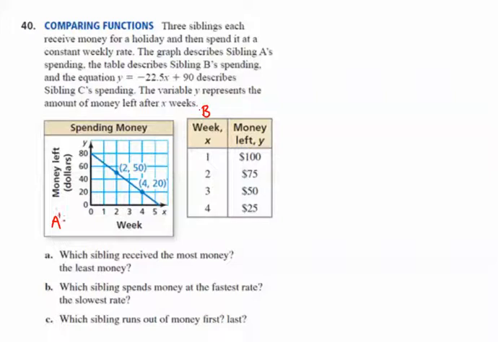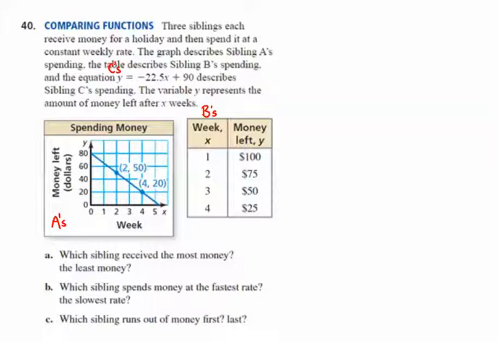Okay, so we'll call this A's, we'll call this B's, and the equation describes sibling C's. So this would be the equation here, and somehow we'll fit a C's in there. So what we want to do is answer the questions that are below. The variable y represents the amount of money left after x number of weeks.